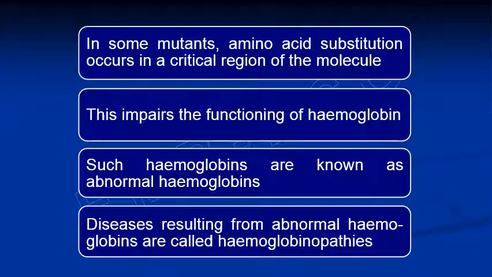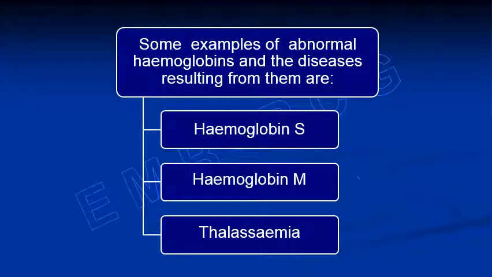And if such happens, we call them abnormal hemoglobin. And if any disease develops because of these abnormal hemoglobins, we'll call them hemoglobinopathies, that is, diseases of the hemoglobin. Some examples of hemoglobinopathies include hemoglobin S, hemoglobin M, and thalassemia. We will learn about these hemoglobinopathies in detail one by one.